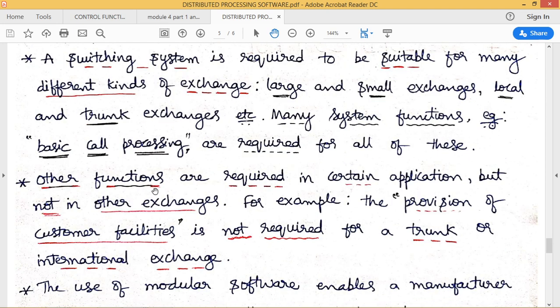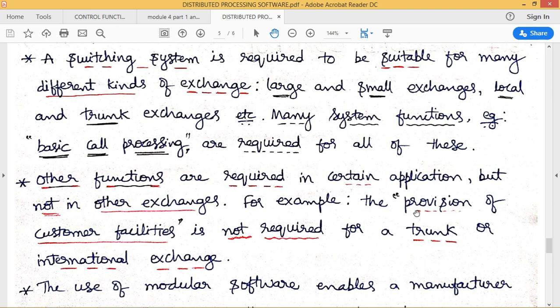Please note that other functions are required in certain applications but not in other exchanges. So the functions required by a local exchange may not be the same as the functions required by a trunk exchange or a tandem exchange. Let us consider one example in which the provision of customer facilities is not required for a trunk or an international exchange.